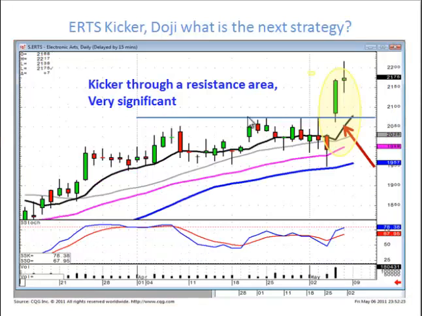A kicker signal through any resistance level is very significant. They came down. Notice all the elements you could add to this analysis. A bearish candle that came down and touched the 50. Then they gapped it up and went the opposite direction through the resistance level with stochastics coming back up. This makes for a very high probability uptrend situation.